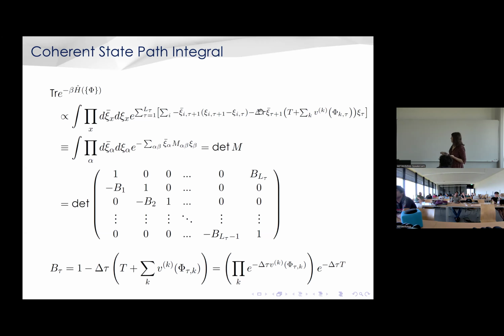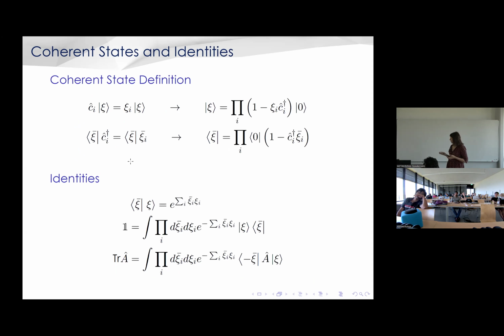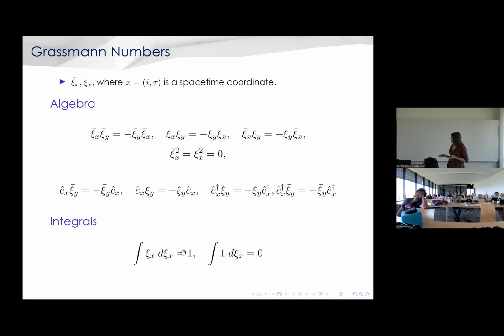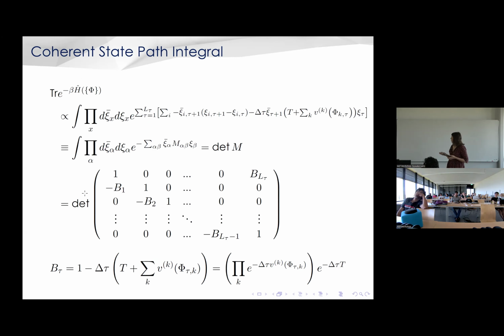But when one does this, after inserting the complete sets of states and getting this action, we can write this all in terms of just a psi bar times a matrix times a psi. And so when you have two independent sets of these Grassmann numbers connected by a matrix, the integral, which you can show simply using these relations that you had back here, is just a determinant of this matrix M.